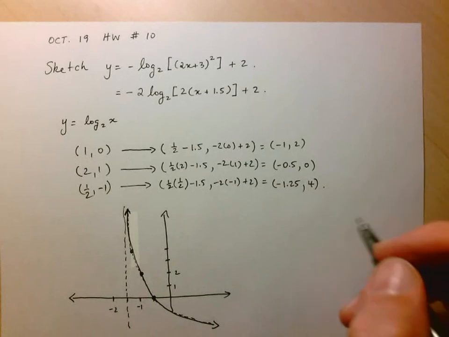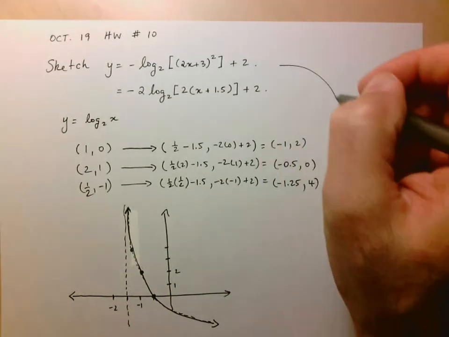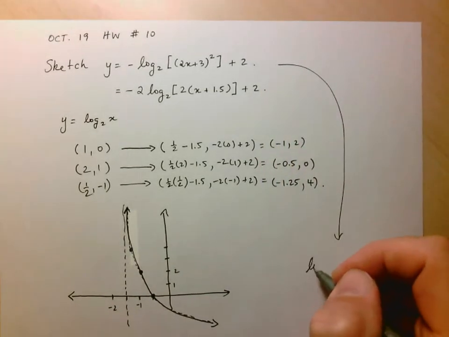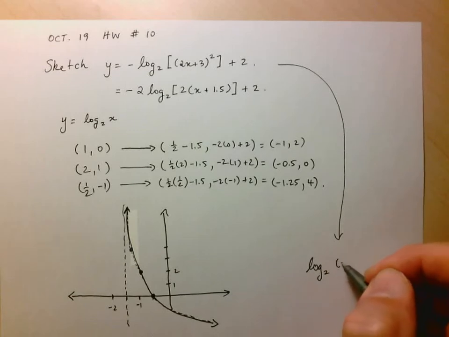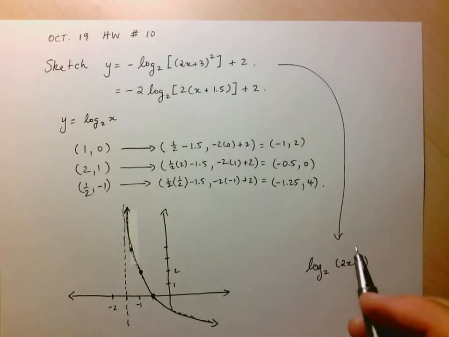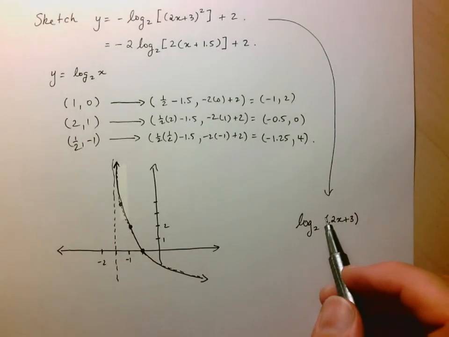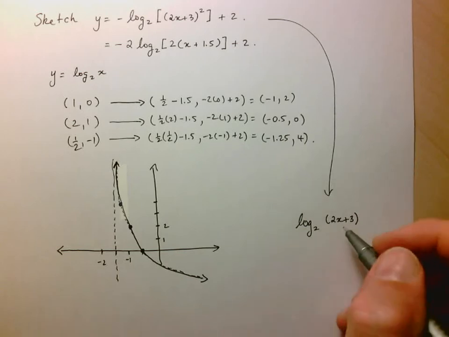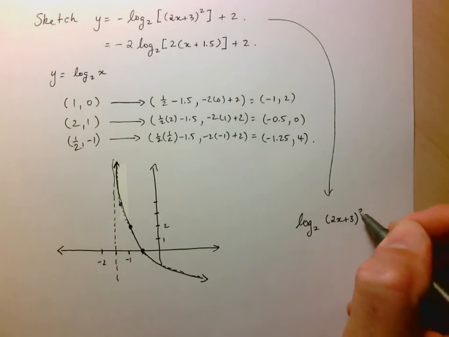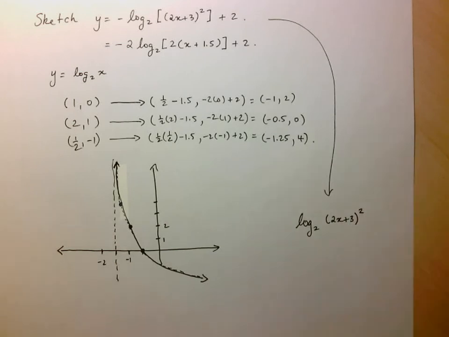So in other words, if we just take a look at just the input, log base 2 of, so if 2x plus 3 is already a positive number, and think of how we did this early on when we were talking about piecewise functions and absolute values. If this is positive, this is 2x plus 3 squared.